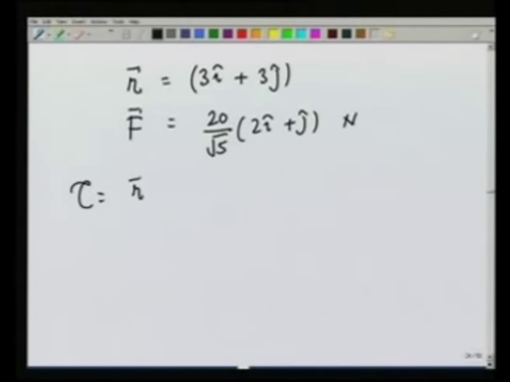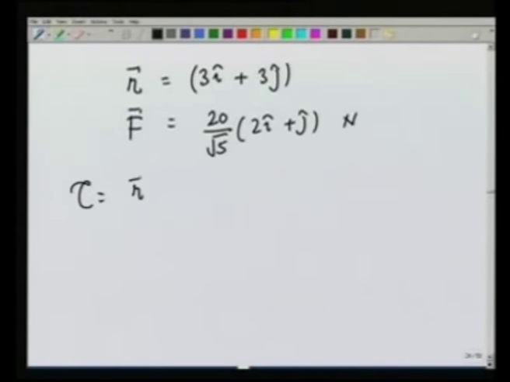I am going to draw in green the forces. Let this be F1, let this be F2, let this be F3, let this be F4 and so on.